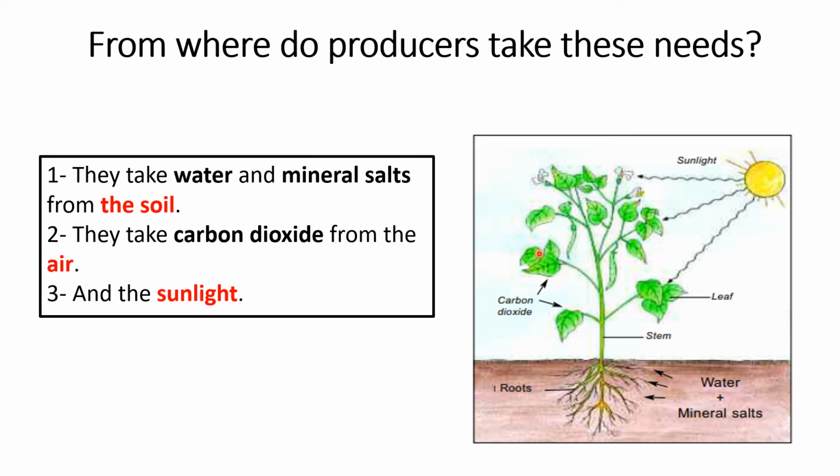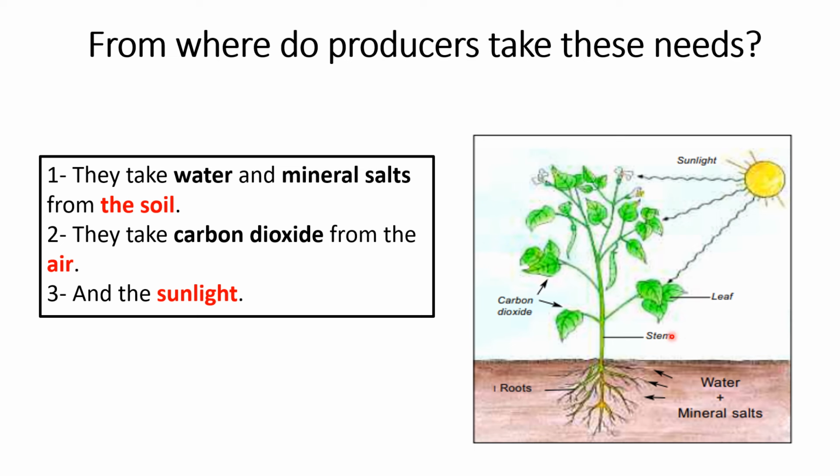For example, look here at this plant. This plant is called a green plant. Why is it called a green plant? Because this plant has leaves, and every green plant is called a producer. This plant is a producer because it's a green plant and has leaves.